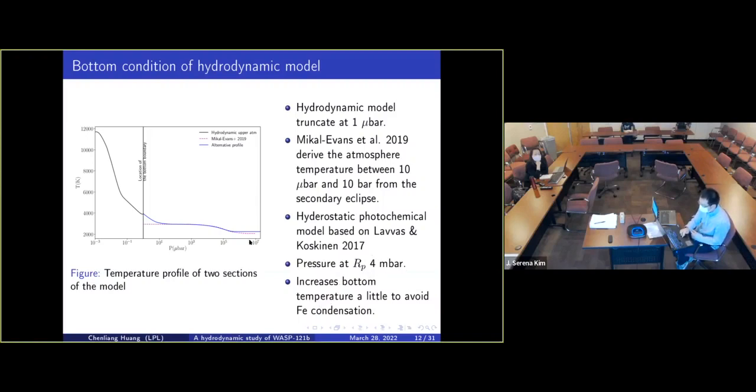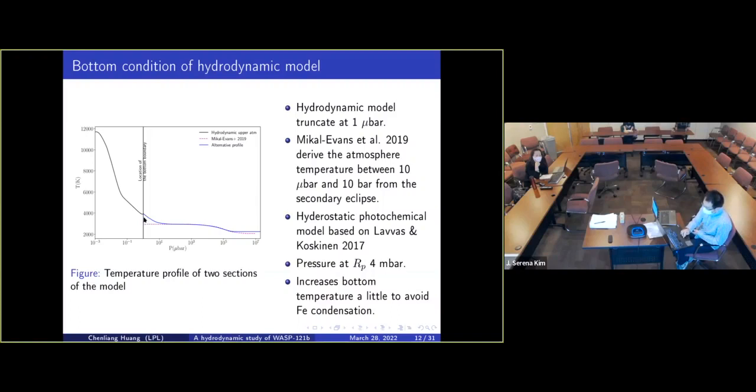In addition, because we already see very abundant iron in the upper atmosphere, the iron is not condensed. But if we use the original temperature profile, the temperature will go below the condensation temperature. So we adjust the bottom part a little bit higher, and the difference is much smaller than the error bar in the Michael Evans paper.